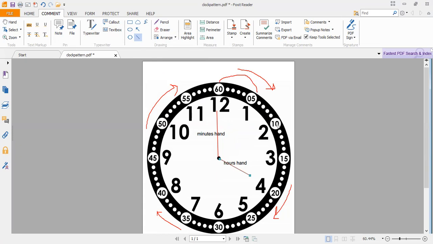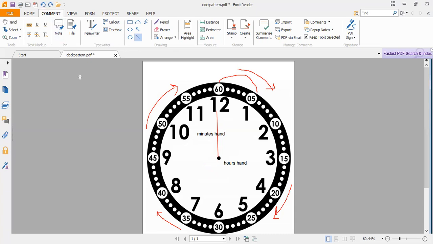Okay, so this means 4 o'clock. This means 7 o'clock. This means 8 o'clock. The word o'clock is always related to 12. If you see the minute hand on 12, directly we're going to read this as o'clock.